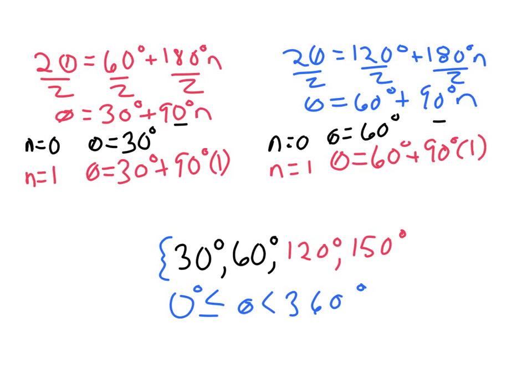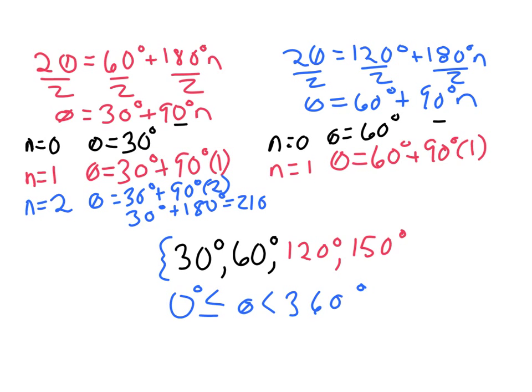Okay, we're still less than 360, so we should keep going. Let's try n equals 2 and see if that gives us a solution between 0 and 360 degrees. So here you'd have 30 degrees plus 90 times 2. So that's 30 plus 180 gives us 210.